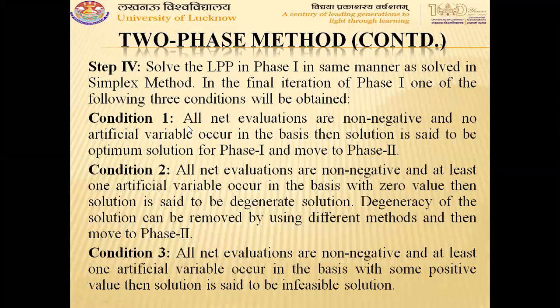In the end, the process is repeated until all net evaluations become non-negative. If all the net evaluations become non-negative, then we can obtain one of three conditions.